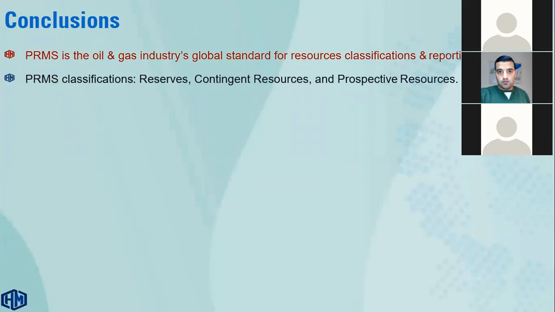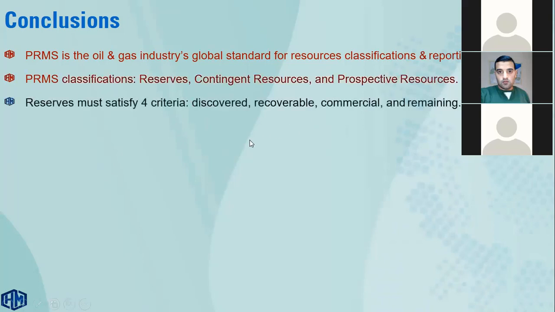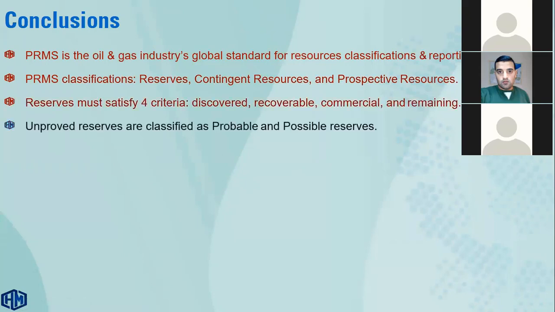PRMS classifications, from the top commerciality level to the bottom, are reserves, contingent resources, and prospective resources. The reserve must satisfy four criteria: it must be discovered, recoverable, commercial, and remaining. The unproved reserves are classified as probable and possible reserves.